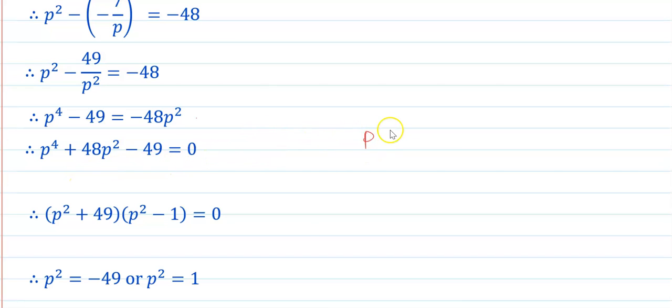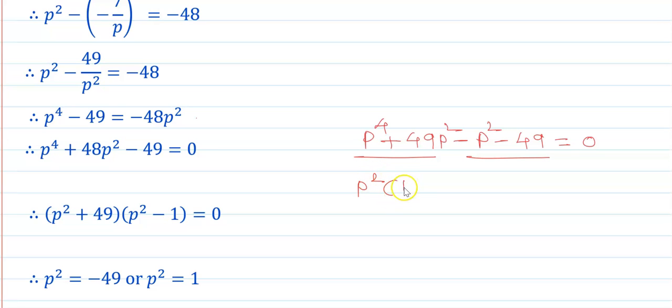What are the roots? p raised to 4 plus 49 p square minus p square minus 49 and that's equals to 0. Okay. Now here we take p square as a common. Then in bracket you will get p square plus 49, minus 1 common and then in bracket you will get p square plus 49, brackets complete is equals to 0.